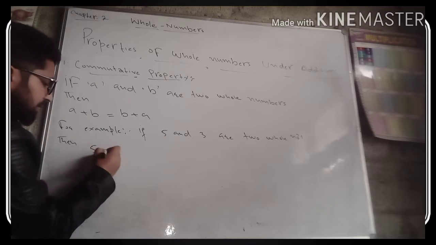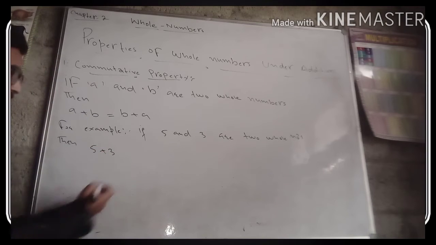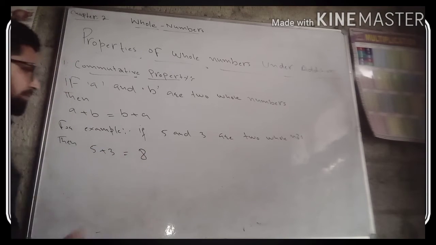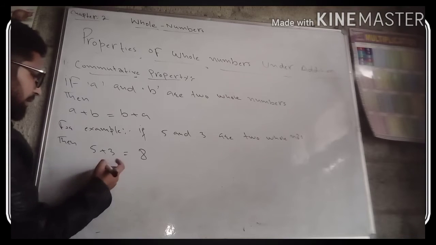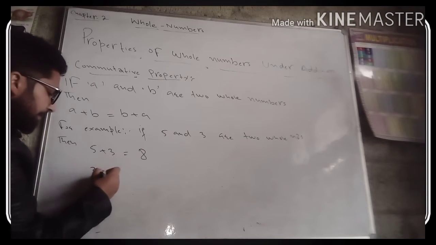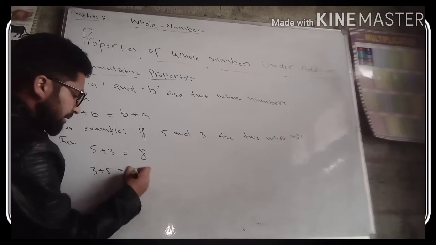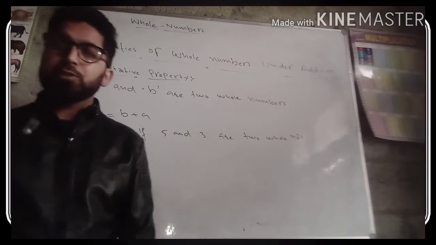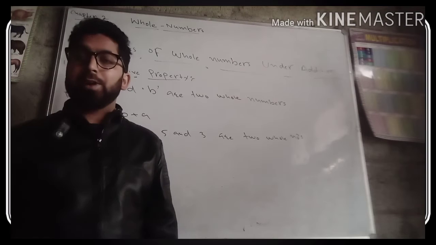Then 5 plus 3, that's called 8. Similarly, 3 plus 5, that's called 8. So we can say commutative property is valid under addition.